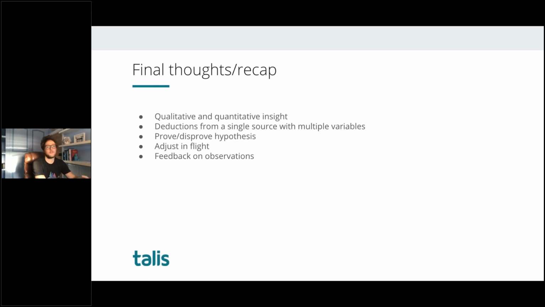I would highly recommend, if you're data savvy or you're interested in data, setting a couple of hypotheses and trying to prove and disprove those through using the data. That's all part of continuous improvement, continuous learning. I do recommend adjusting in flight if you have the cognitive bandwidth in which to do so. I appreciate there's a lot going on right now.